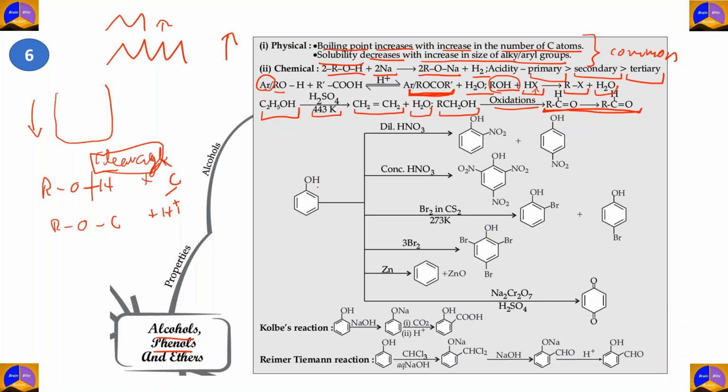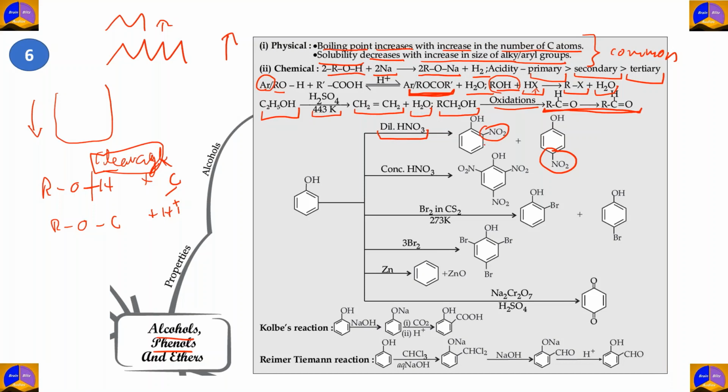Let's look at phenols. Phenols in the presence of dilute HNO3 will form hydroxynitrobenzene compounds, which are both ortho and para.